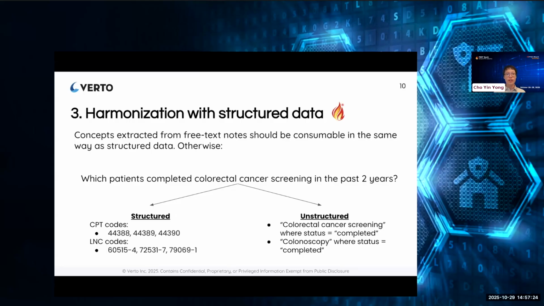And so when we extract concepts from free text notes, they should be consumable in the same way as structured data. Otherwise, when we are to answer the question, which patients completed colorectal cancer screening in the past 2 years, in the structured data, we're looking at FHIR, so we are looking at CPT codes, we're looking at LOINC codes, and in the conventional approach of NLP, in unstructured data, we're not querying by these codes anymore.